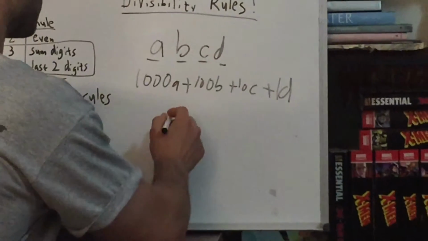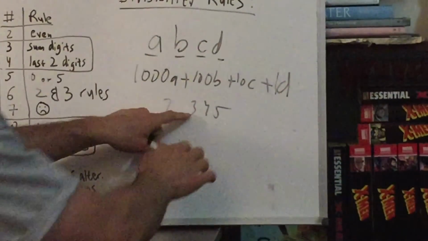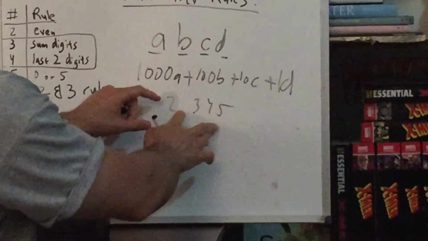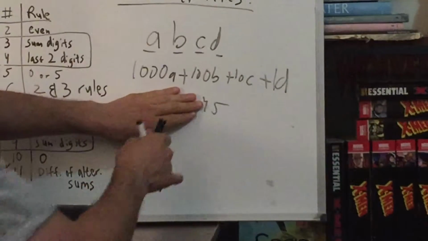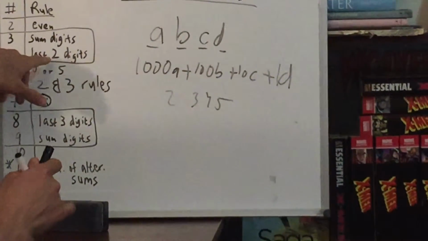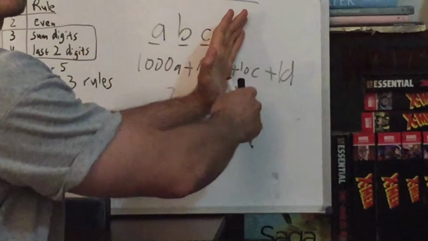So if you want to take a number like 2345, 300 is divisible by 4, as is 2000. So really, this part is garbage, and that's where we get the rule of checking just the last 2 digits, because we're just left with this part right here.